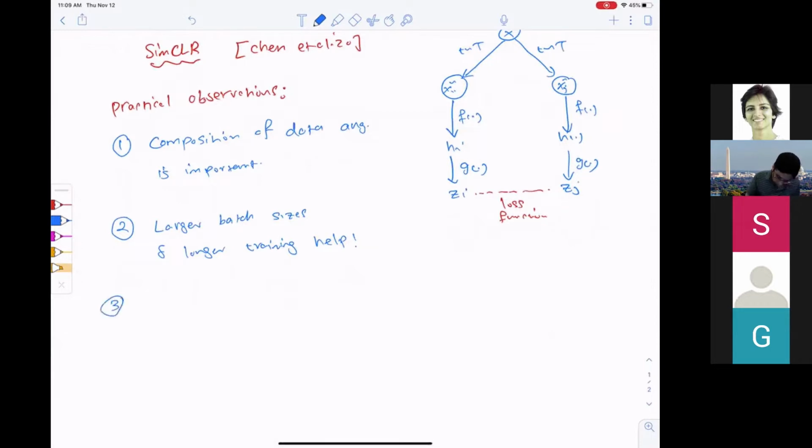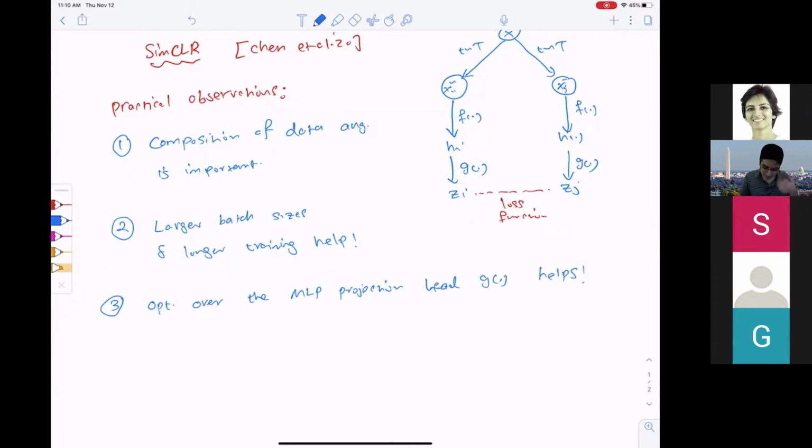So the third observation, which is quite mysterious, is that optimization over the MLP projection head, which is the G function, helps.